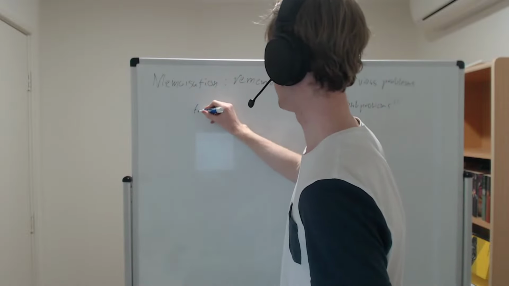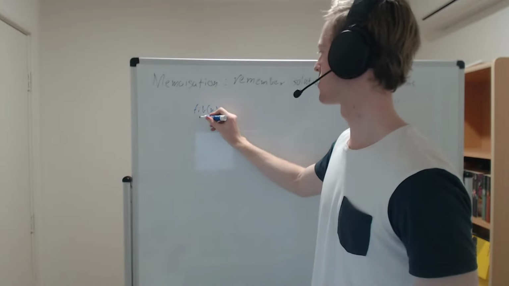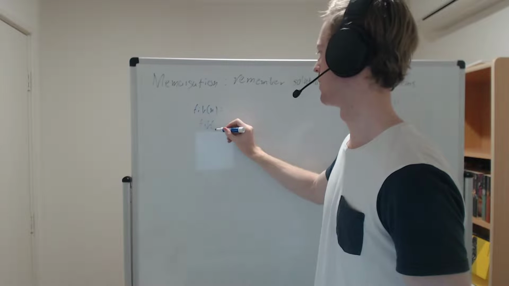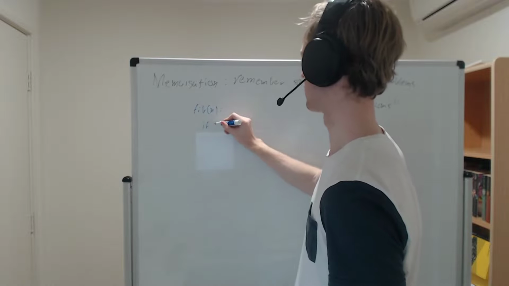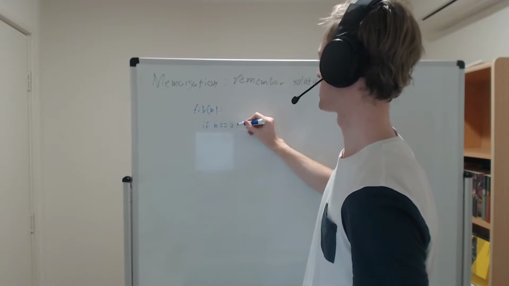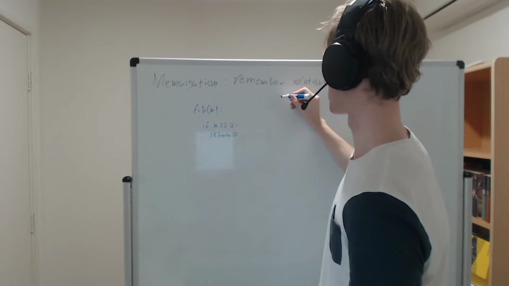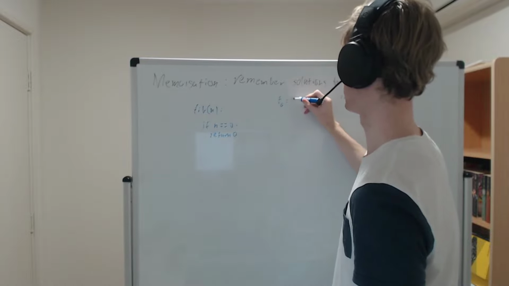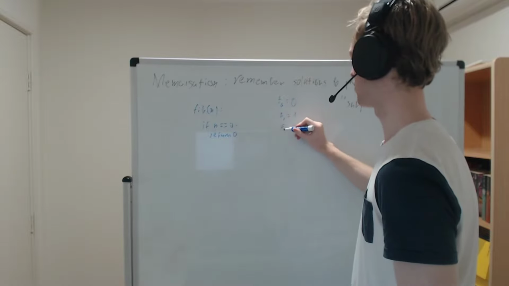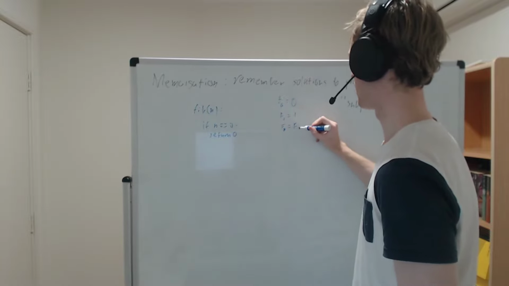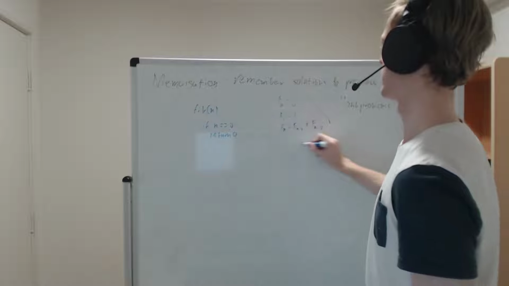So if we have fib of n, if n equals 0, we return 0, because f0 equals 0 and f1 equals 1, and fn equals f(n-1) plus f(n-2), because that's the recursive definition of the Fibonacci sequence.